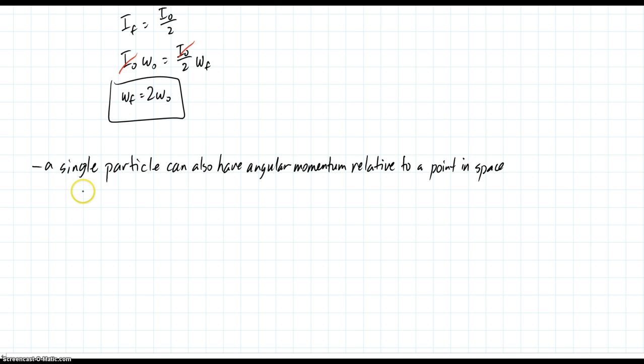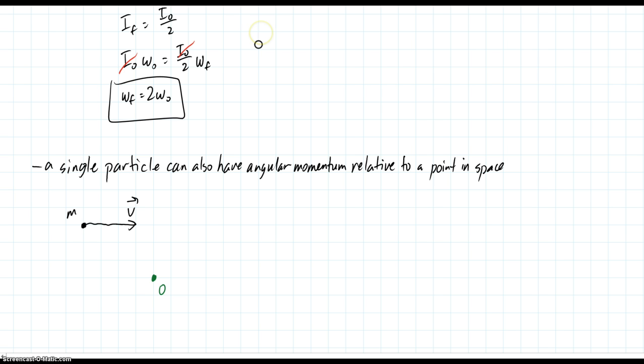So let's say that we have a particle of mass m moving with some velocity v. Here, much like when we've talked about rotational inertia, where we have to define the axis around which the object is rotating, and that choice of axis changes the value of I, similarly here, this single particle will have different angular momenta relative to different points. And so we are going to define a point O, which the particle has angular momentum with respect to.